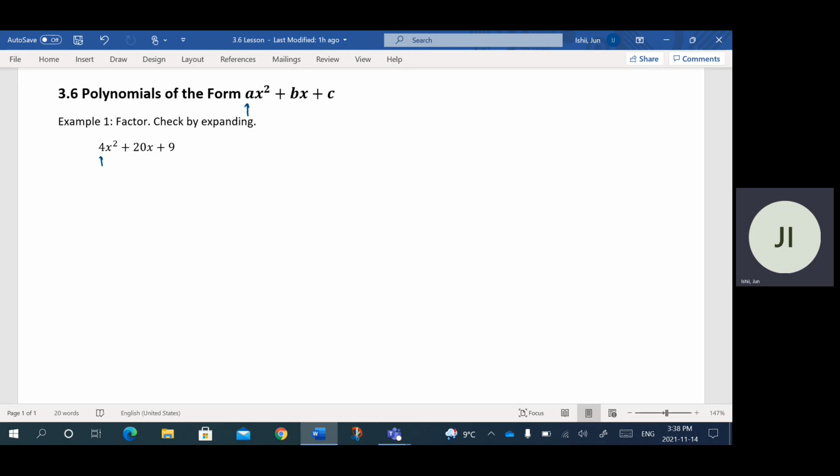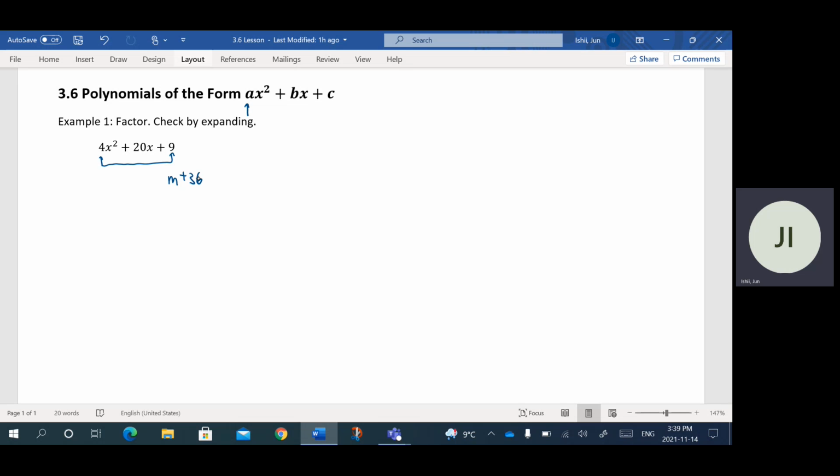So what I'm going to do here is show you the procedure that you go through in order to factor these types of polynomials, again, with a number other than 1 in front of the x squared. All right, so rather than trying to find two numbers that multiply to the constant term, plus 9, we actually want two numbers that multiply to positive 36.